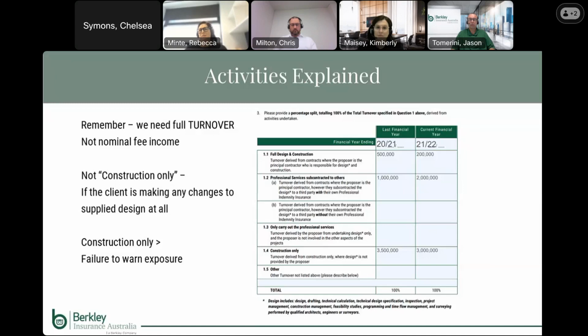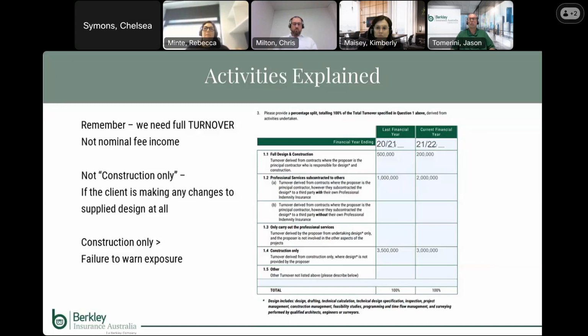So this is also why we're not super keen on any high-rise work or development work due to that exposure. So I've also got a claims example here when it comes to high-rise work and why we're not massively keen on that area.